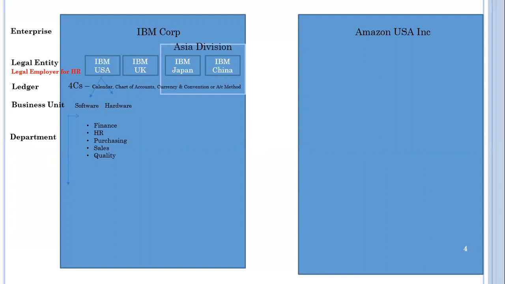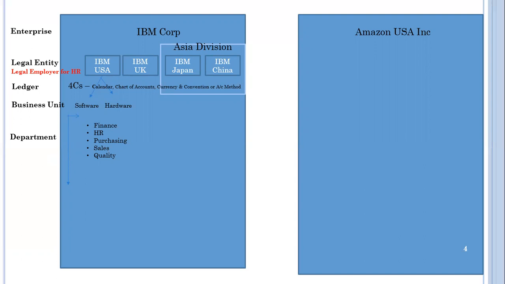So that registered entity is called the legal entity. It might be a private limited company, it might be an INC, it might be an LLC, it might be a partnership, it might be a sole proprietorship, whatever it is, it has to be a registered entity.